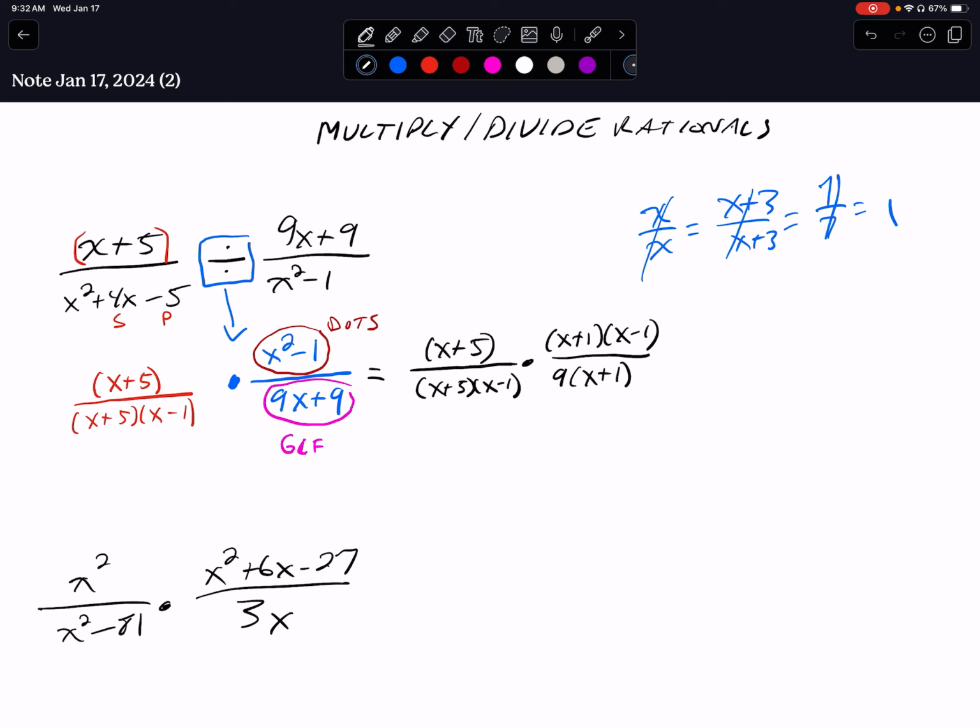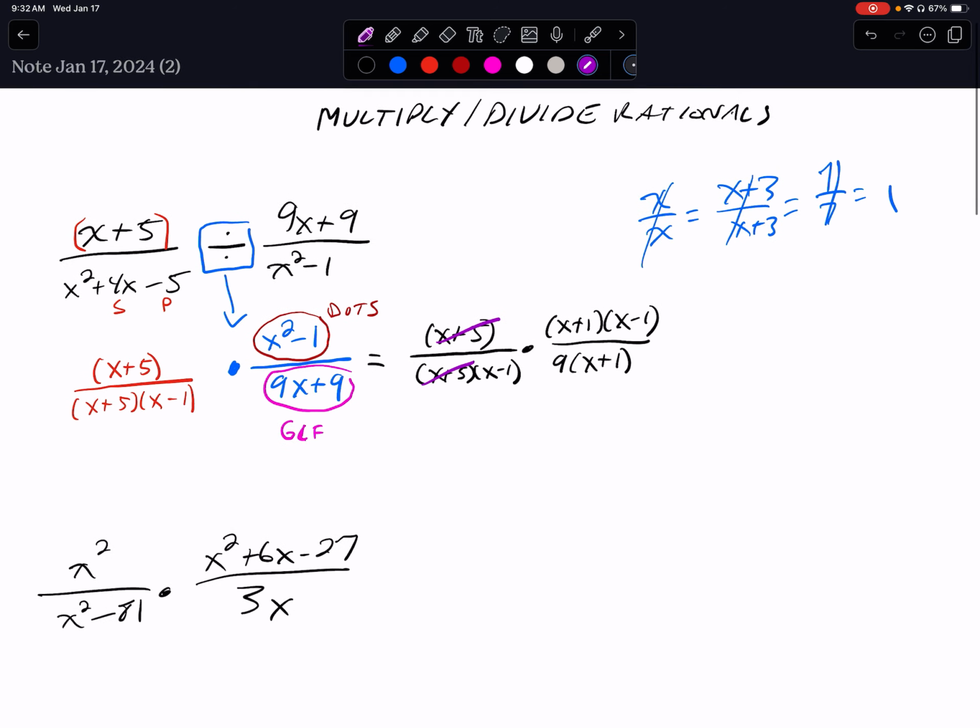Okay, so these are all the techniques that we needed to emphasize here. And then we're going to look at, well, where are the 1s? What can we get rid of? Well, here, I've got an x plus 5 divided by x plus 5. On the right side, I've got an x plus 1 and an x plus 1. And then we've got one more, x minus 1, x minus 1, and look to see what we have left.